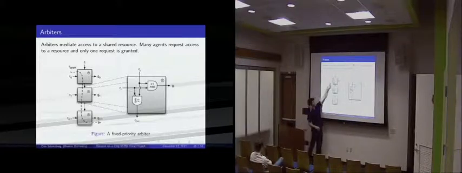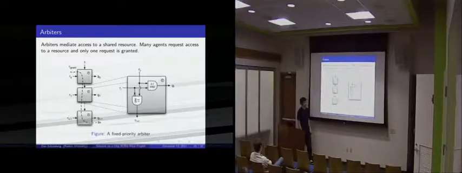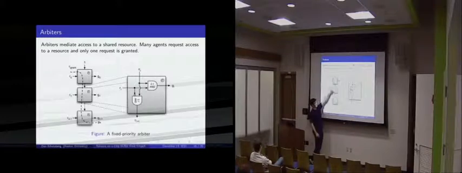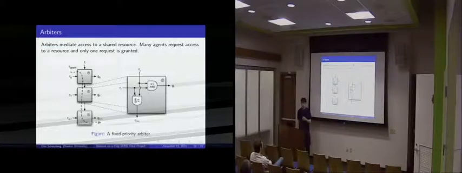I'm always going to grant R0 over R1 every single time, the way I've designed this. There are plenty of other techniques, round-robin arbiters and tree arbiters I've seen. This is a simple one. There are lots of techniques to shorten this critical path. You can use carry look-ahead techniques like you would with an adder as well. Yeah, do you have a question?